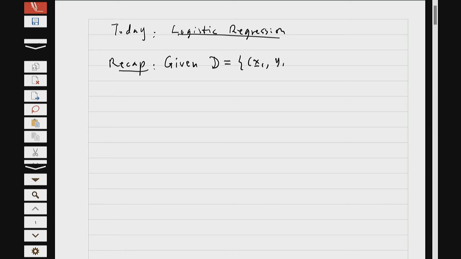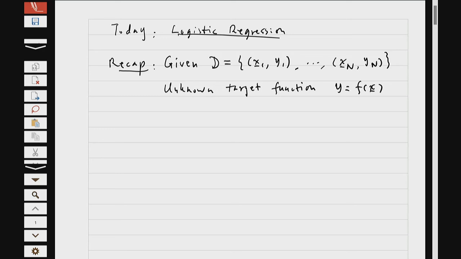So again, we have n data points in the training set. So far, we have an unknown target function that we want to learn or estimate, which is y equals f of x.